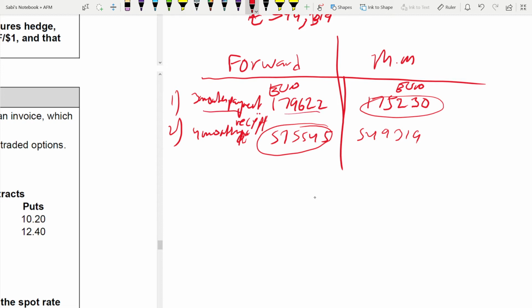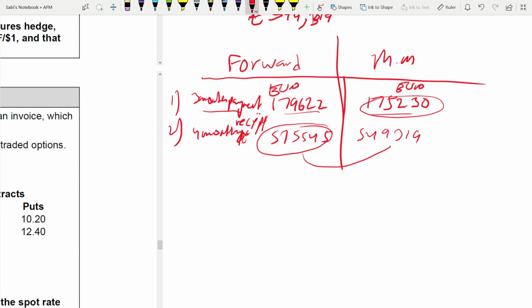It's very less. But here the difference is big. That means the receipt is very big in forward. Because the difference is significant, I think forward is a better option. But remember, your conclusion could be different than mine. That's absolutely fine. So we are done with that.